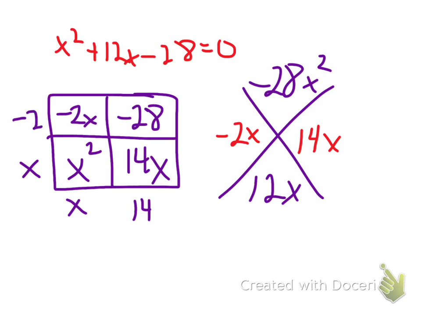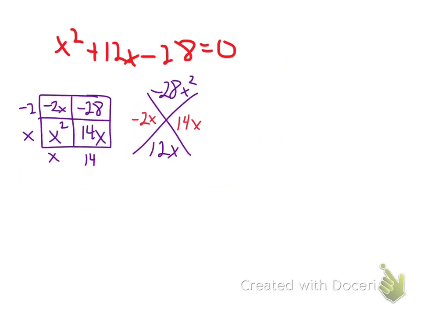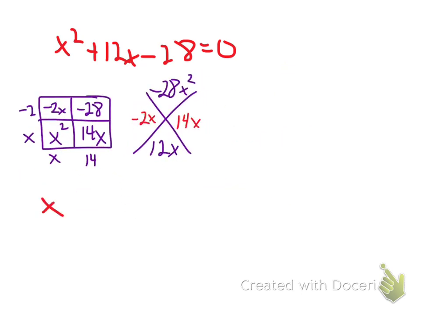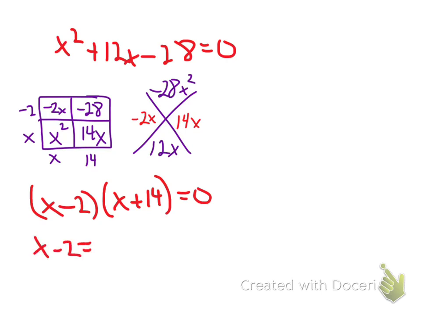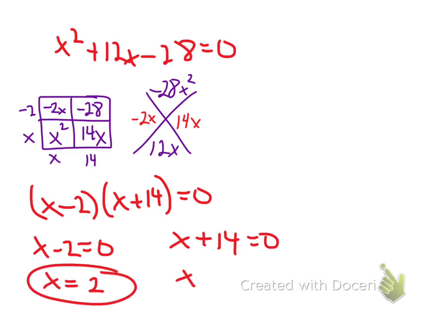So my factors are now x minus 2 times x plus 14 equals 0. Zero product property. I set up my two problems, and I get x equals positive 2 and x equals negative 14.